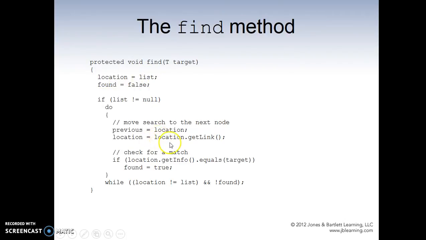Then we have to move location.getLink, then start with the beginning. And previous should be the end, because this is a circular linked list, right? And we start to get info from the beginning to see if it does match. If it does, then return found equals true. Then it's done. Otherwise, keep looping and iterate through the list to the end of the list.